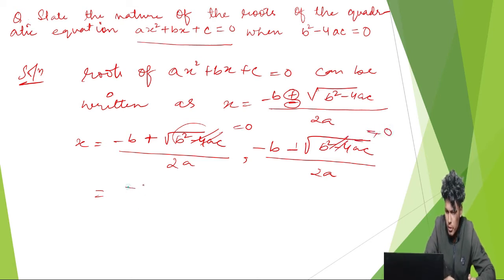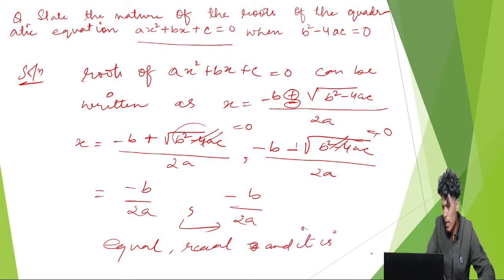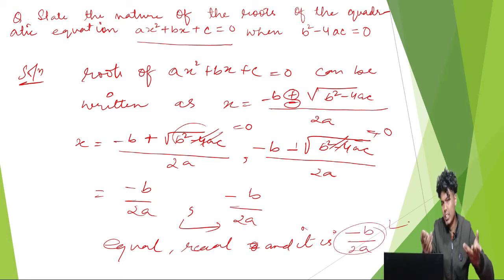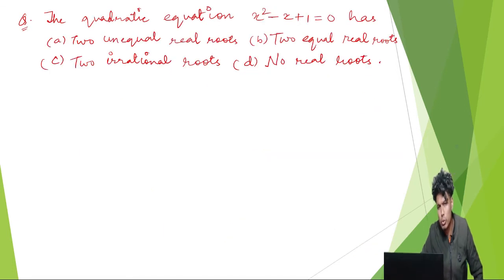So it will be minus b by 2a, and similarly this is also minus b by 2a. So the roots are equal, real, and it is minus b by 2a. You can write it whichever way you want, but the answer is this. This question was also asked, around 13-14 maybe.